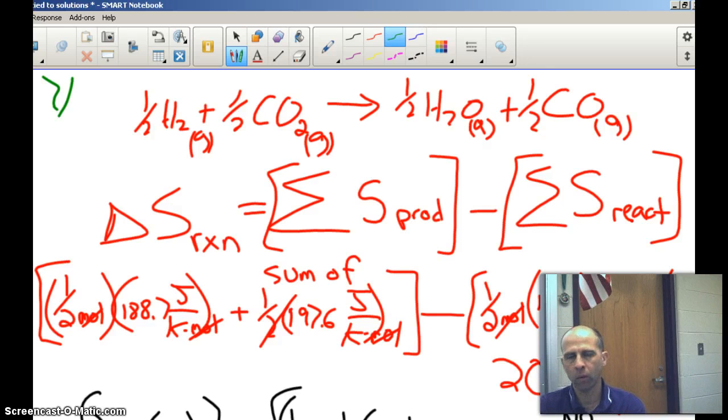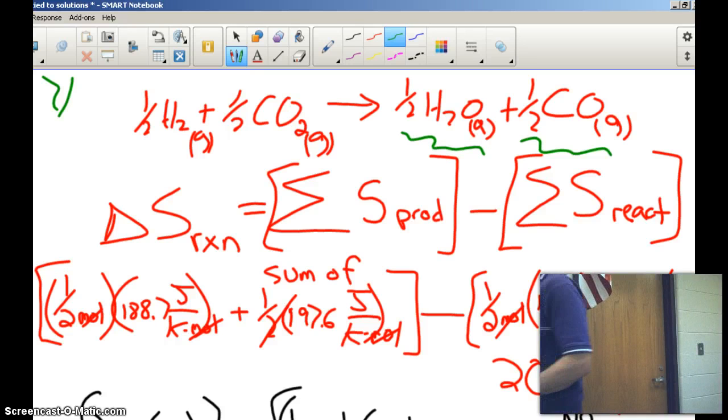The half mole is in this just so you can see where it comes in. This could have been 1 mole, but what we have here is a half a mole of hydrogen gas and a half a mole of carbon dioxide forming a half a mole of water vapor right here and a half a mole of carbon monoxide. This is related to a reaction called the water gas shift, that actually we usually want to go the other way.